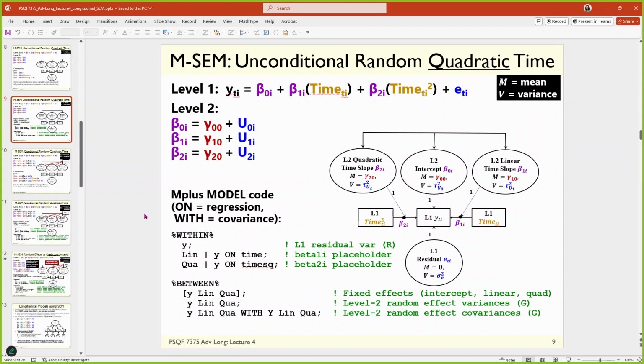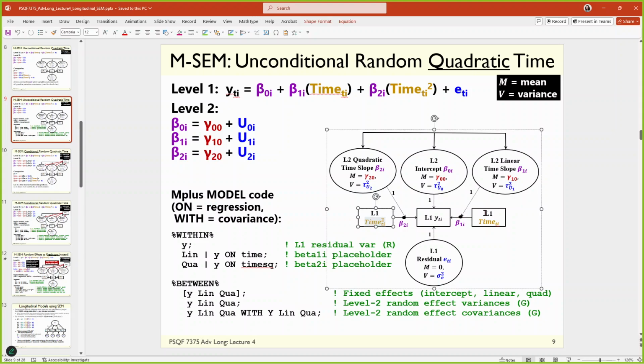So why do we still have the two fixed boxes here, because the slope part became random. So it's already represented in that circle. I just have a hard time understanding why we still have the two fixed boxes for L1 time squared and L1 time.